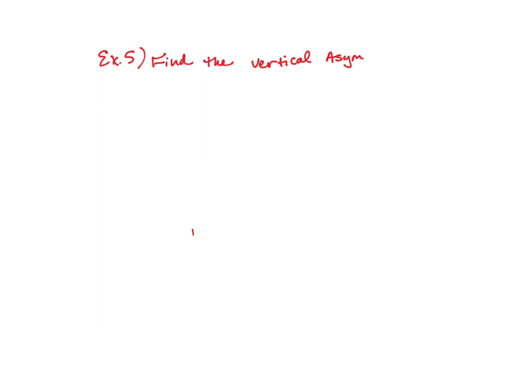Find the vertical asymptotes and holes in f of x equals x minus 2 over x squared minus 4.